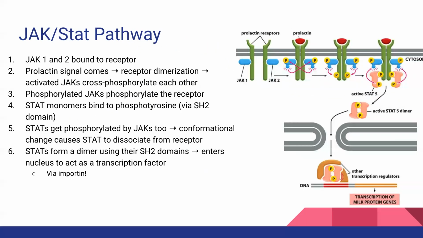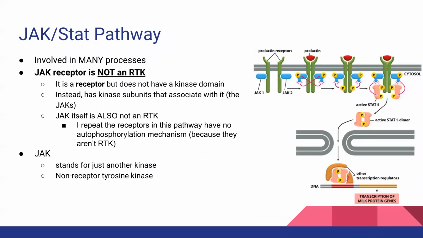Oh, wait, can you go back? A quick thing. It mentions how the JAKs are subunits. Just to make it clear, they're separate from the RTKs themselves. The JAKs are not a domain, a part of the RTK. It's its own separate protein.